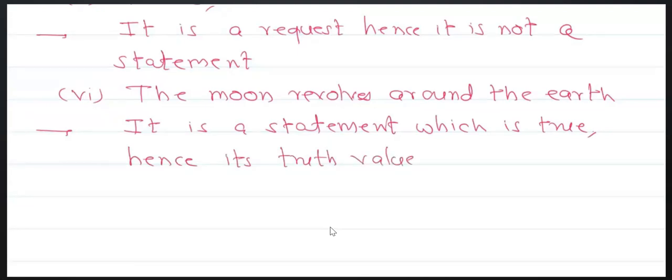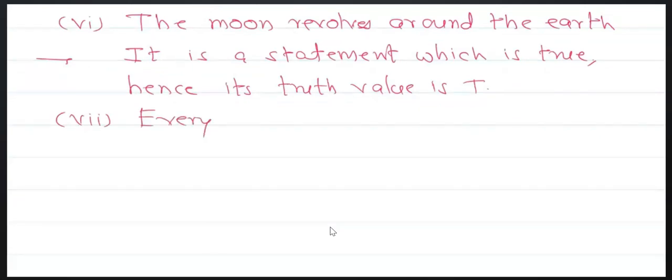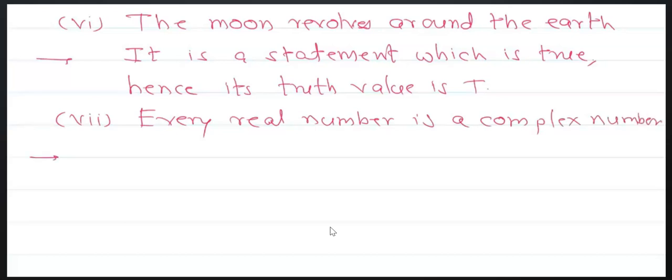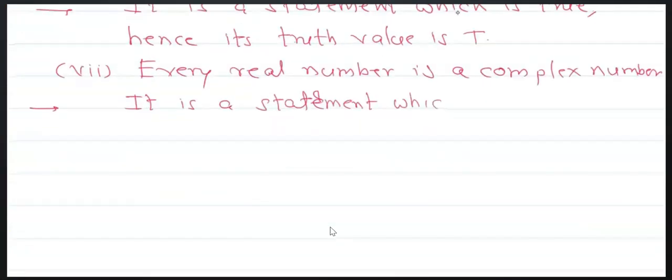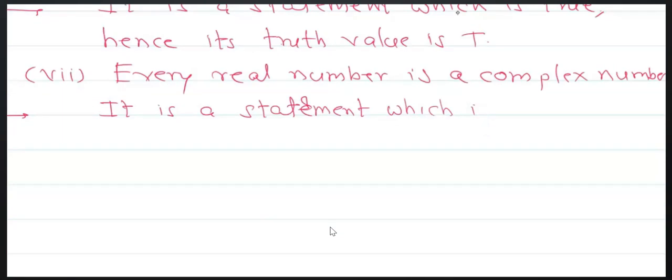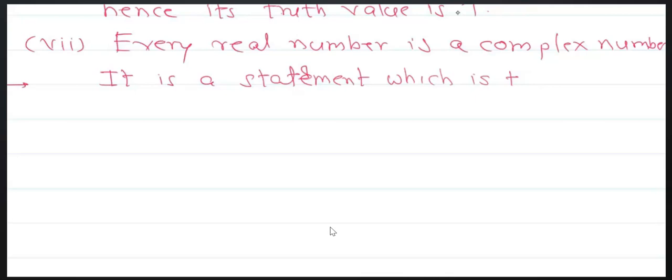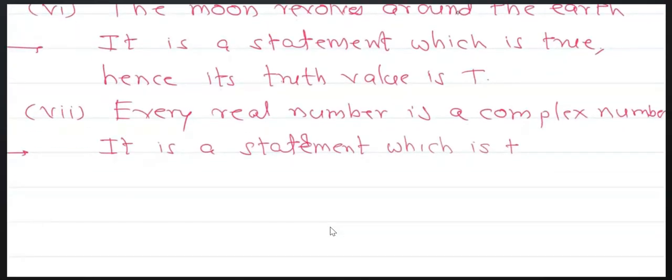Hence, its truth value is T. Seven, every real number is a complex number. It is a statement which is true.